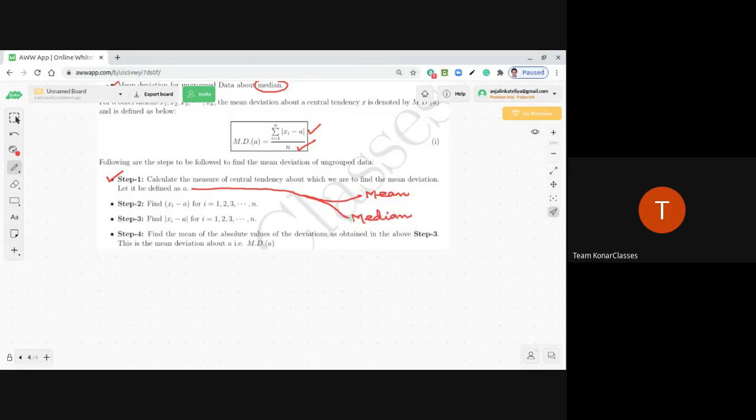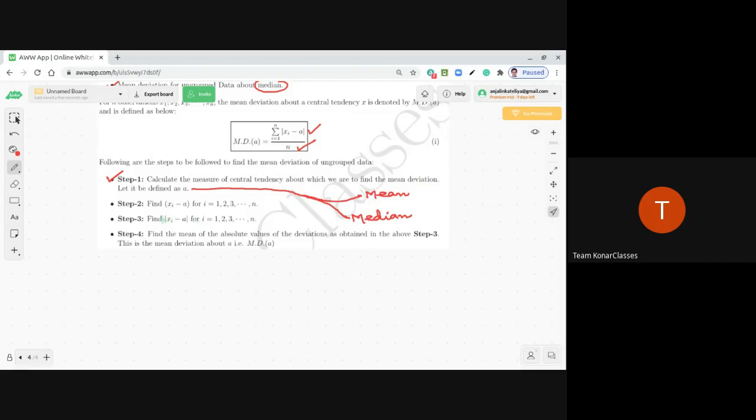I explain once more, dear students. We are finding mean deviation, but about what value? That is a fixed value A. So it could be either the mean or the median of the given data set.